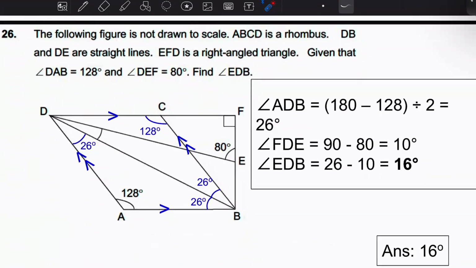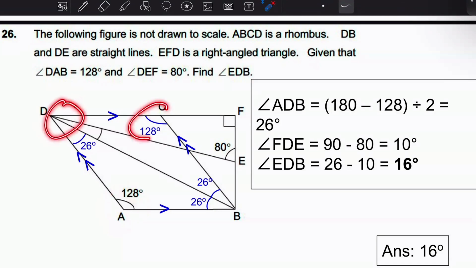So based on the clues that you have received from the question here, okay, we know that angle ADB is equals to 180 minus 128. Okay, so 180. So remember, why do we do that? It is because these 2 angles here equals to 180, right?